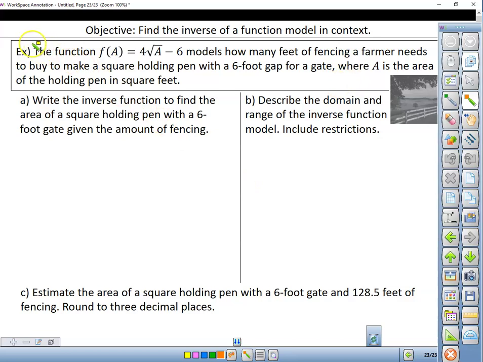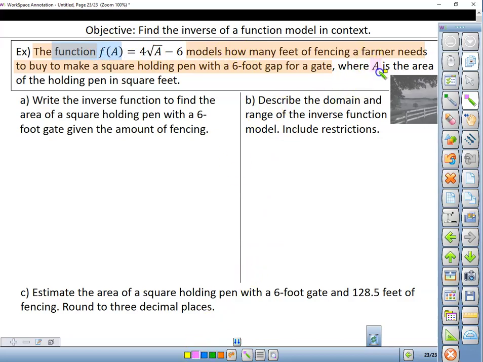So the function is modeling how many feet of fencing a farmer needs to buy, which will make a square holding pen that has a gap of 6 feet for a gate. So remember, function refers to the y quantity. So that's saying f of A models that fencing amount.